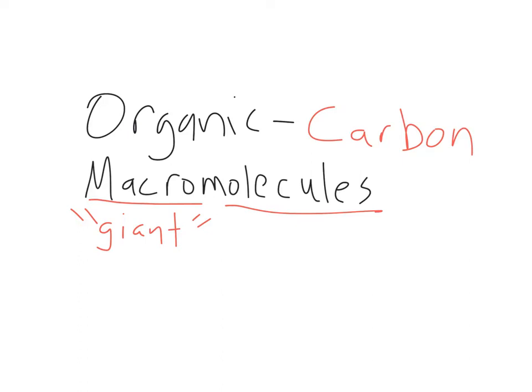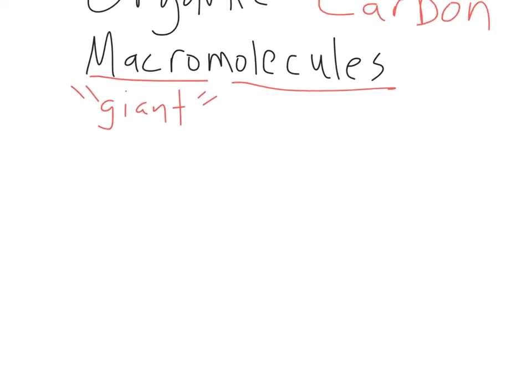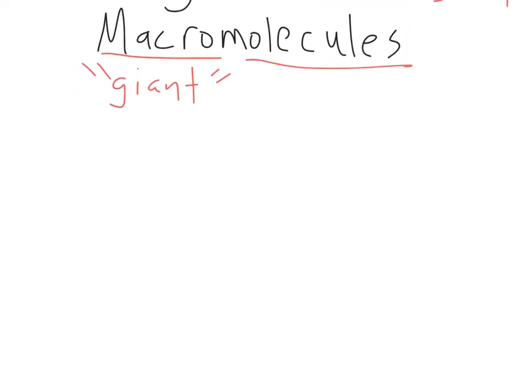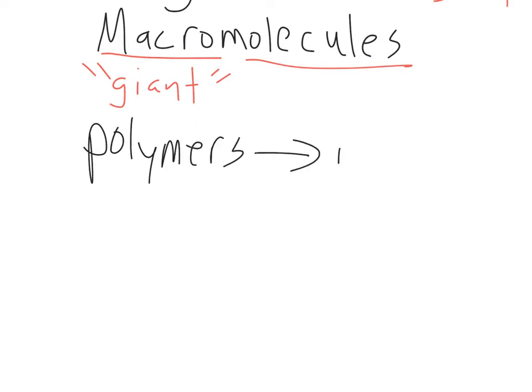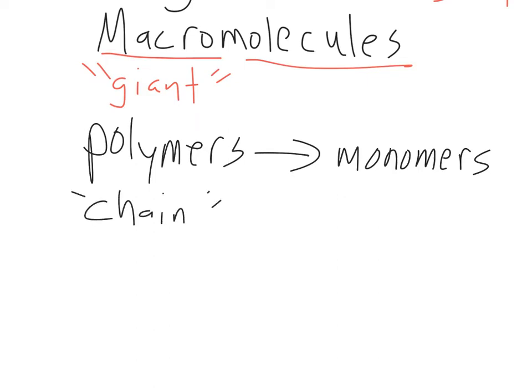Okay, so macromolecules are what we call polymers, made of long chains of monomers. So this is the chain. The monomer is the building block. Okay, so the monomer is the building block, the polymer is the chain.